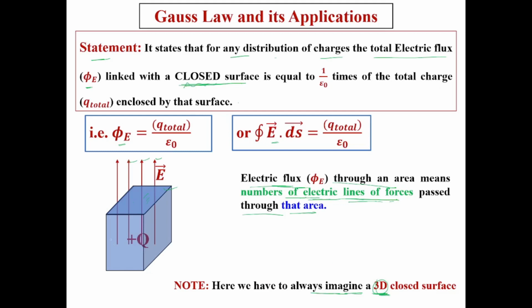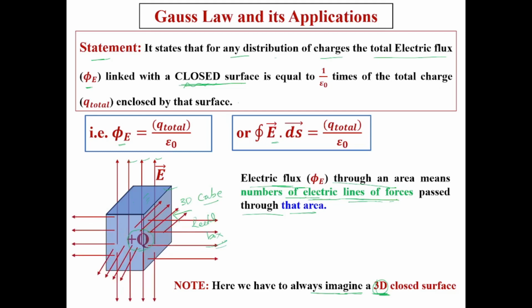Here we can see that a plus q charge is enclosed by a 3D cube or rectangular box. So total electric flux will pass through 6 faces, this one face, at the bottom one face, this side, this, so 6 faces.